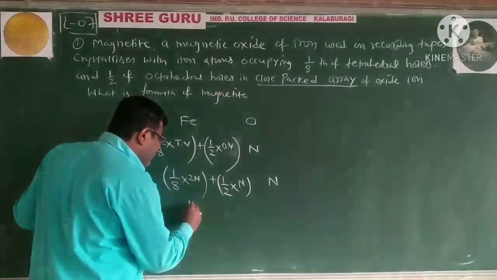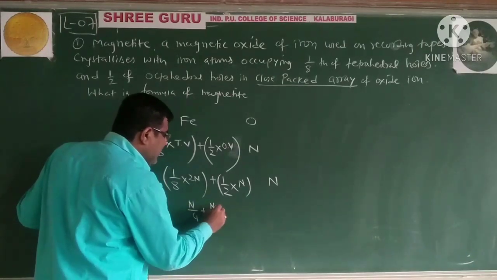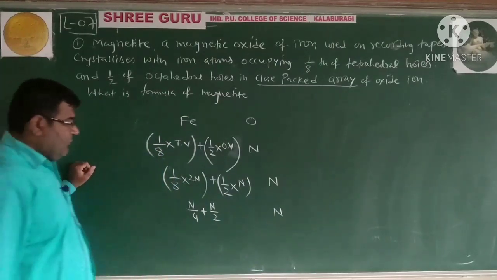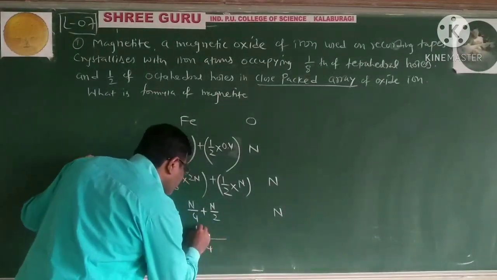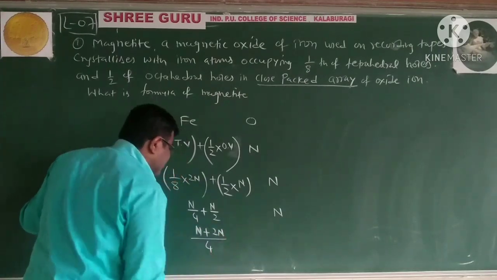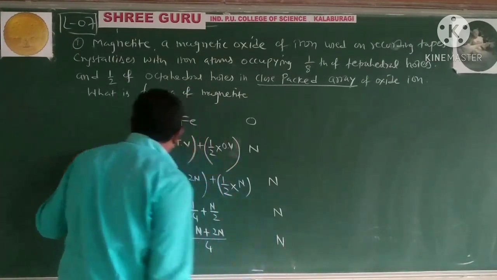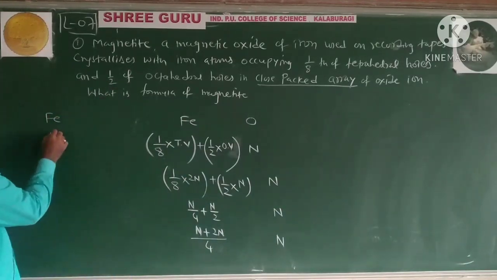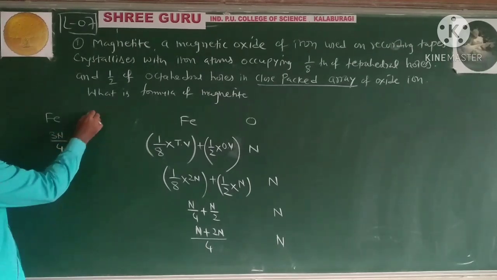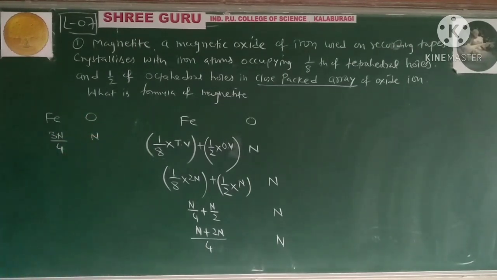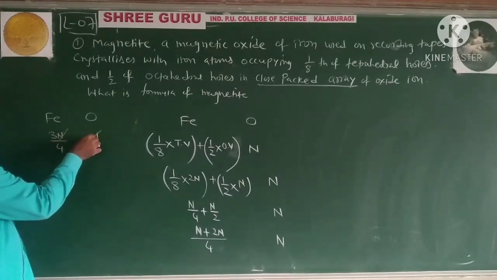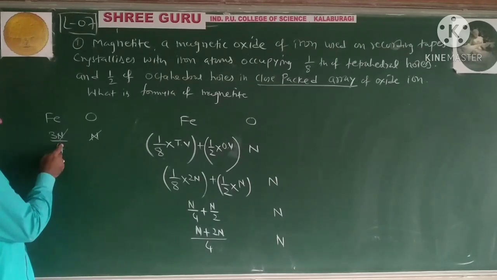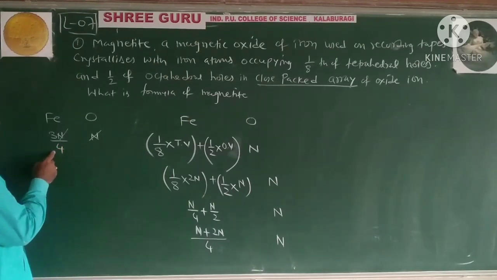So this is N/4 plus N/2, and oxide is N. We can take LCM 4N, so this is 2N and this is N. We can write Fe as 3N/4 and oxygen as just N. We can cancel this N, as it is common to both atoms, and multiply by 4 so that the 4 gets cancelled.